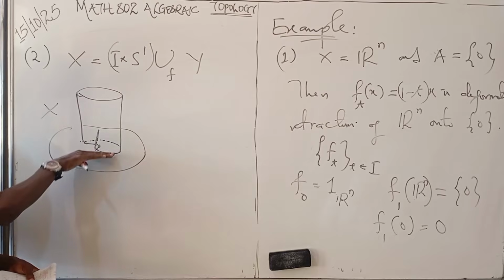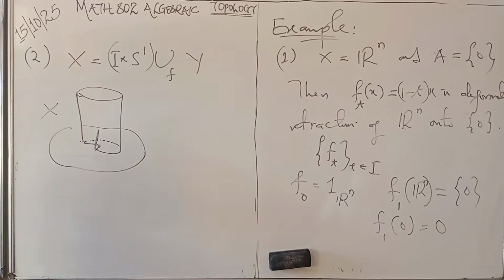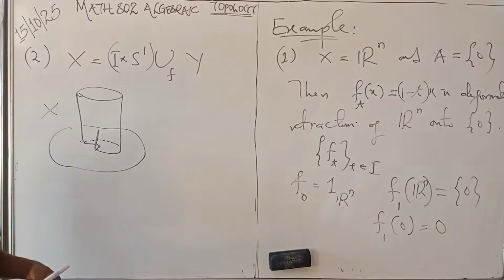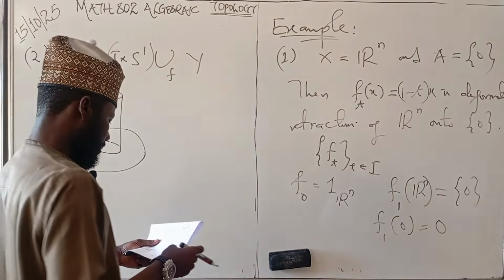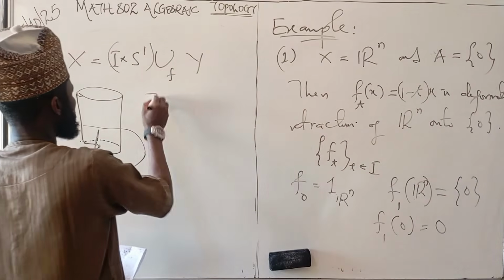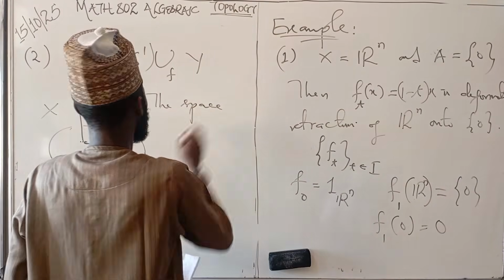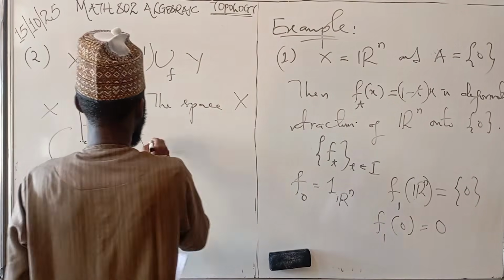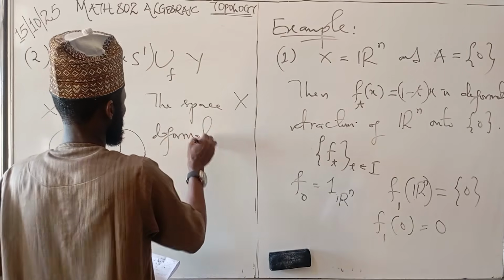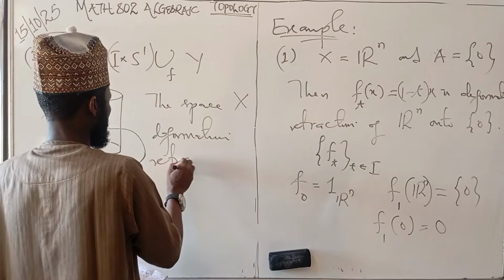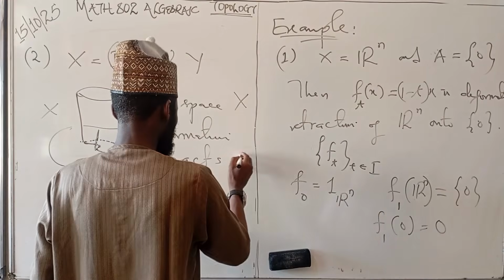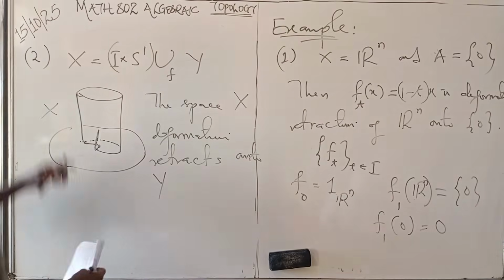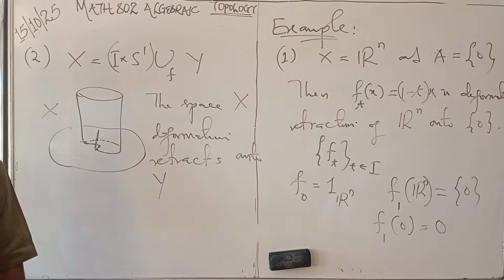So the cylinder can be collapsed down to the set Y, to the space Y. So the entire space X deformation retracts onto the space Y. You can just collapse it like this.